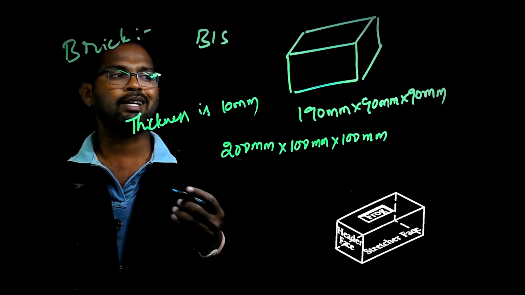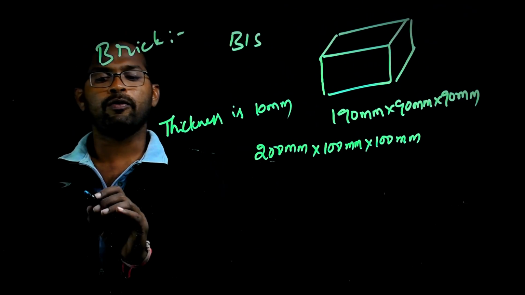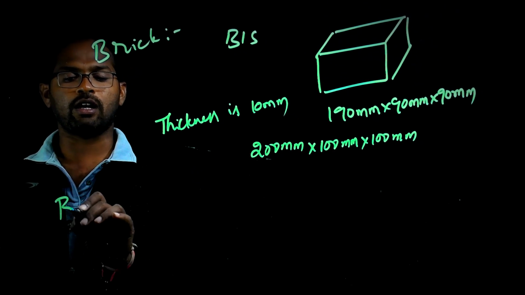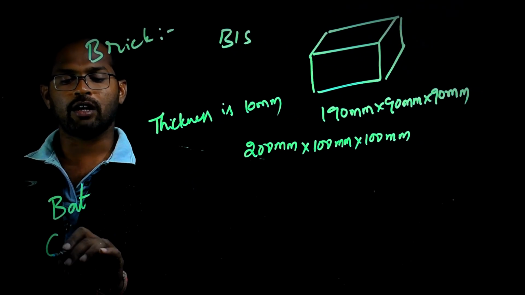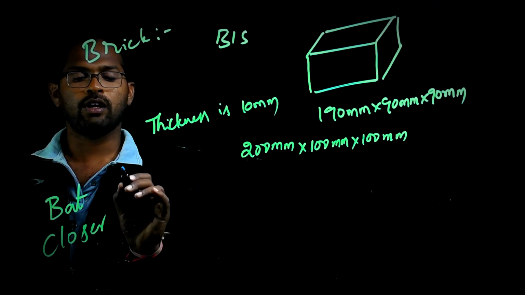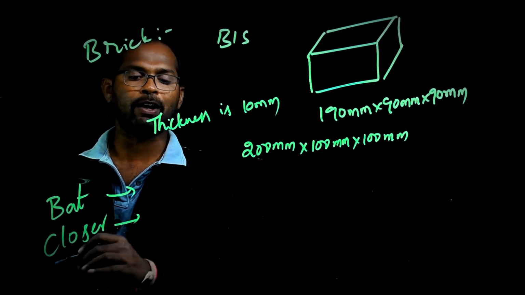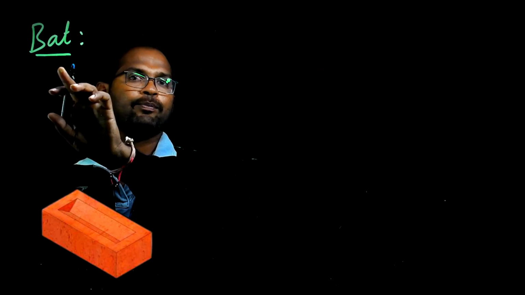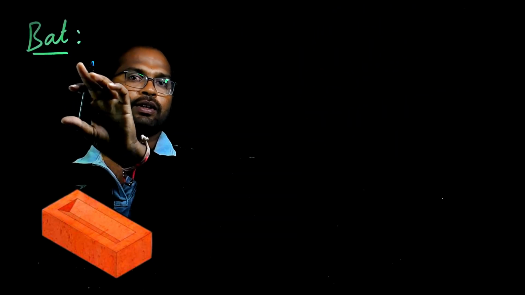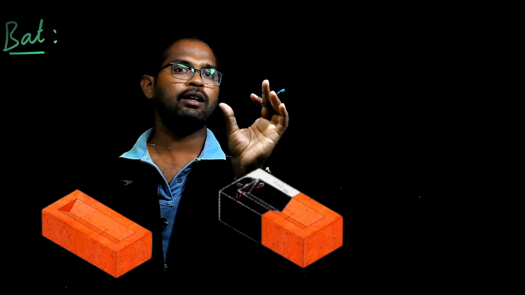Various shapes of the brick means we can come across bat and closure. What is meant by bat and what is meant by closure? A bat is one shape of a brick.